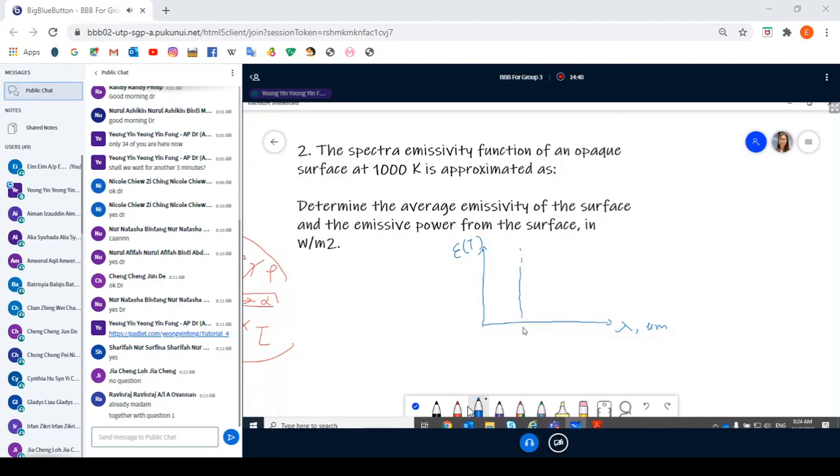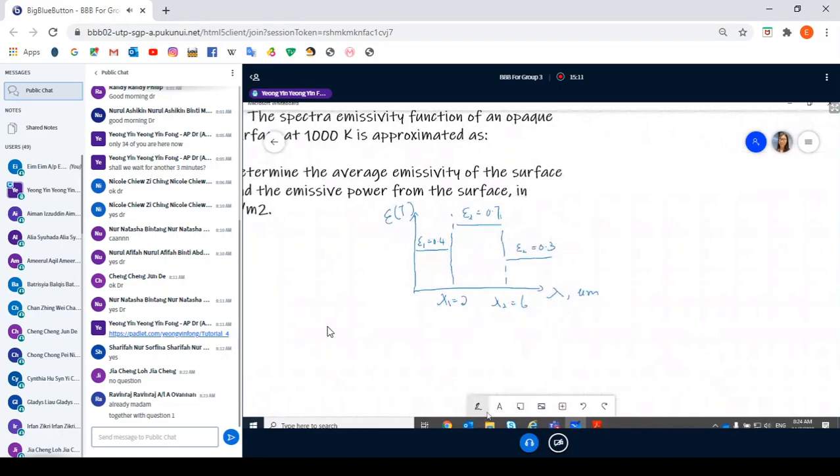Then you have emissivity value epsilon 1 for 0 to lambda 1, epsilon 2 from lambda 1 to lambda 2, and epsilon 3 from lambda 2 to infinity. This kind of sketching is not difficult for all of you. Just transform the information given into the figure. From here, you can easily deduce the equation.